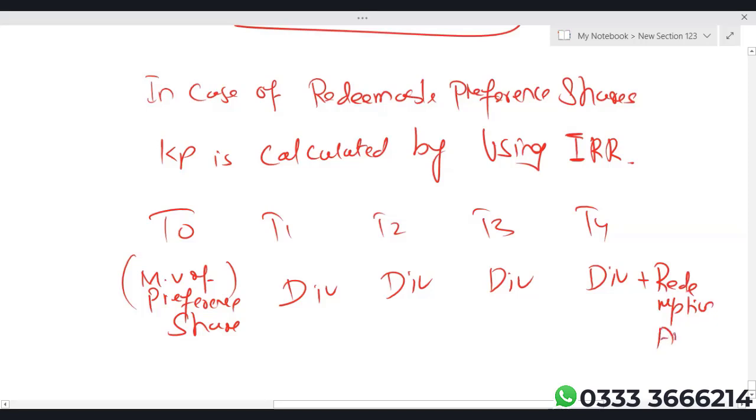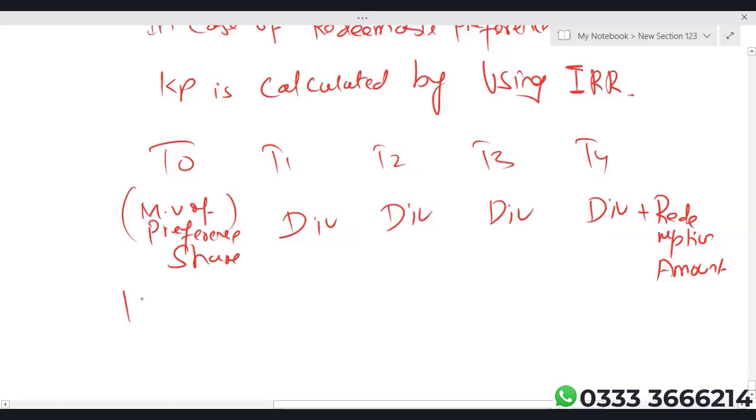An examiner will give you the redemption amount. After that, KP is equal to, you will be using the shortcut of IRR, it will give you KP. So in case of redeemable preference shares, I've never seen it in a past paper, but if it comes, all you need is just use the formula of IRR.